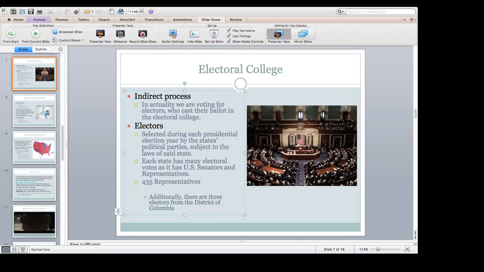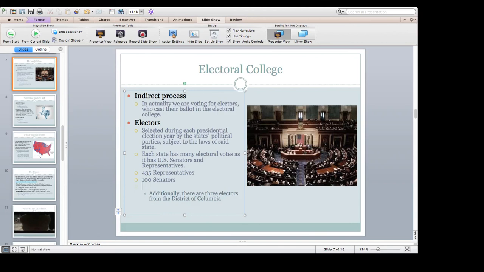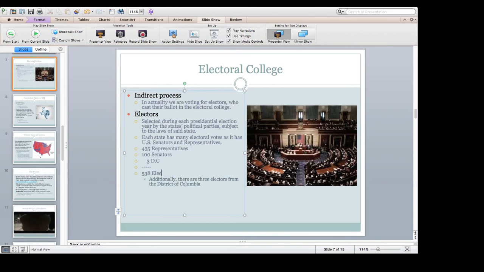We have a total of how many senators? 100. And we said the District of Columbia has how many electoral votes? Plus 3 from the District of Columbia. So that gives us a total of how many electoral votes in this country? 538 electoral votes in total.